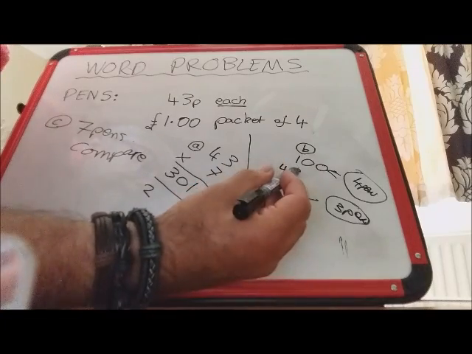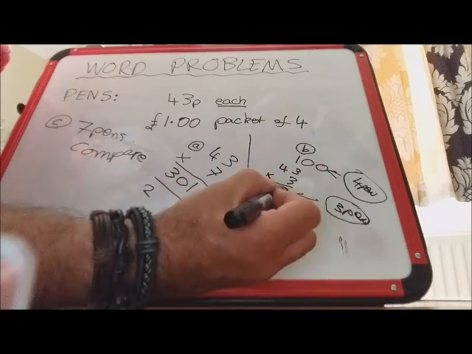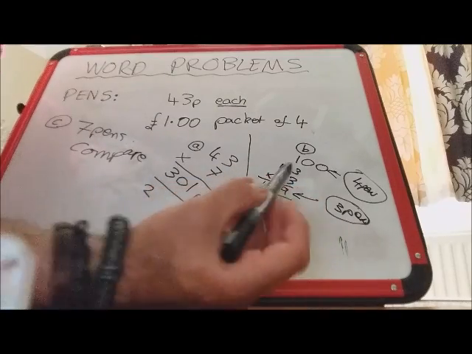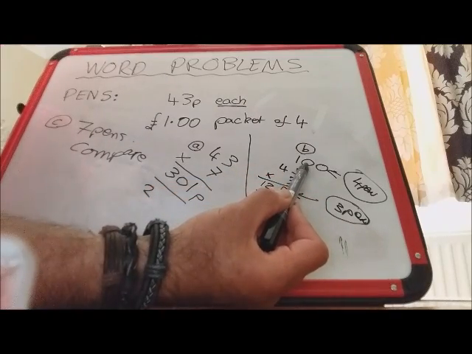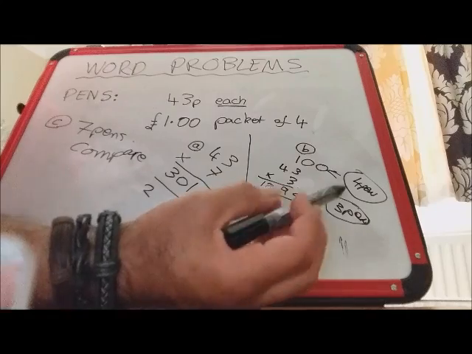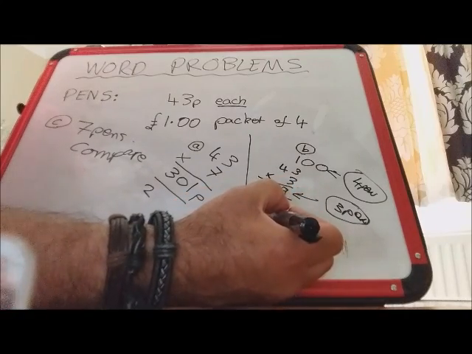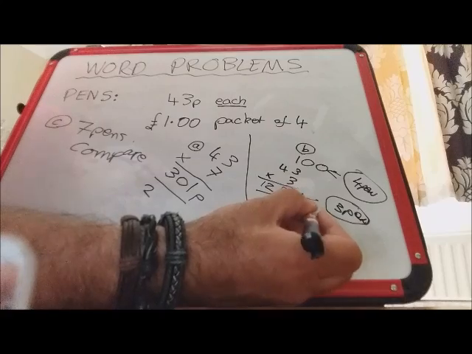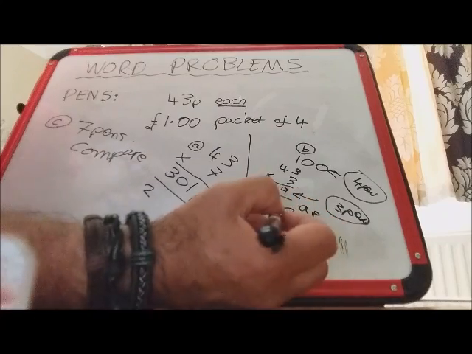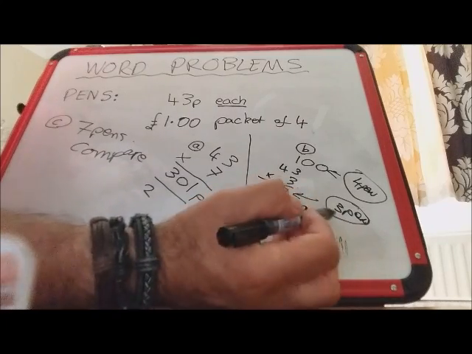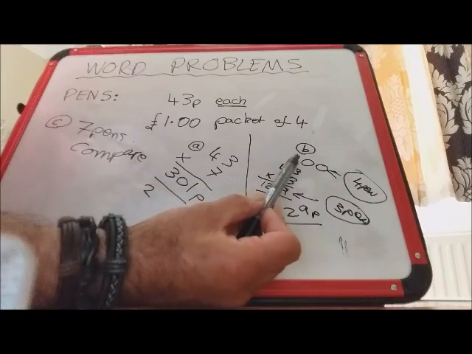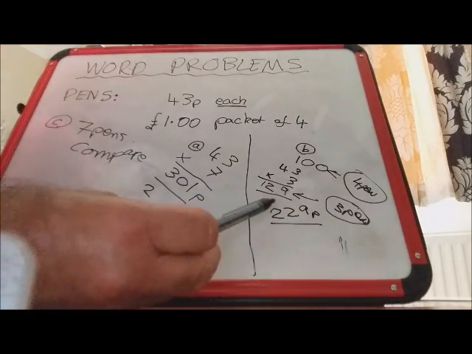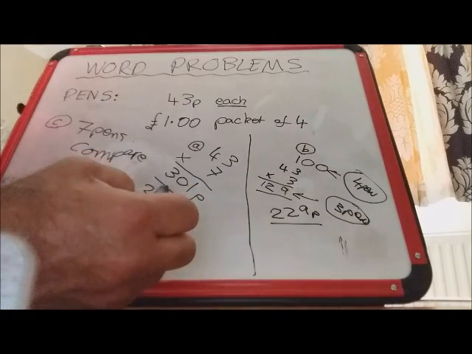3 times 43, well, 3 3s are 9, 3 4s are 12, so that's 129p. So we've got 100p for the 4 pens plus 129, which equals 229 pence. So that's the answer to buying 7 pens using this method. But when it says compare, you can't just say this is more expensive.